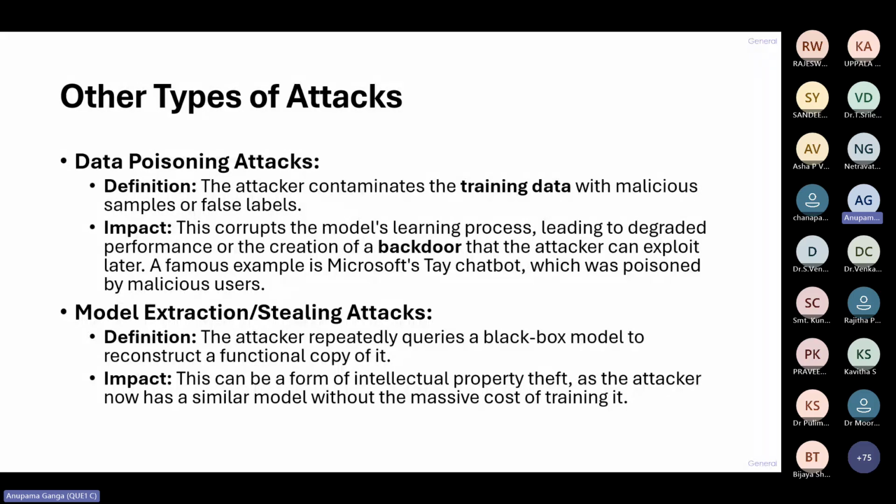So I think there was a recent Microsoft chatbot where someone fed wrong training data to it, and within 24 hours, it had turned racist. Okay, so that's the impact of data poisoning.